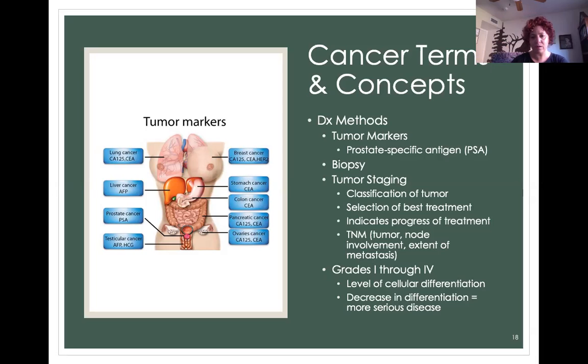So if you've ever heard of that, that's for diagnosing or assisting in the diagnosis of prostate cancer, but you can see some other ones here as well. It's not a be-all, end-all, the tumor marker. It's just one part of identifying or diagnosing with cancer.